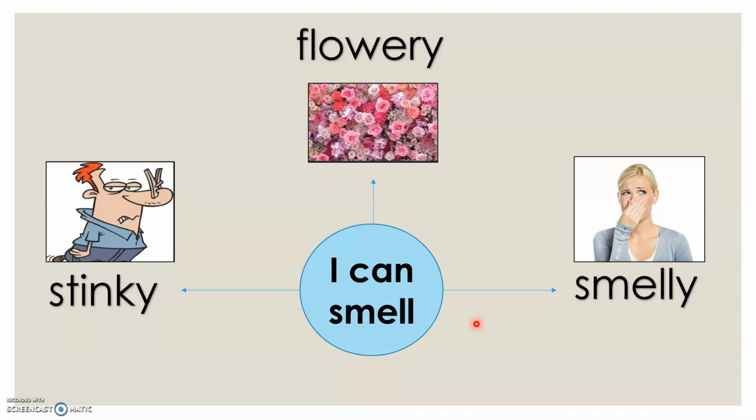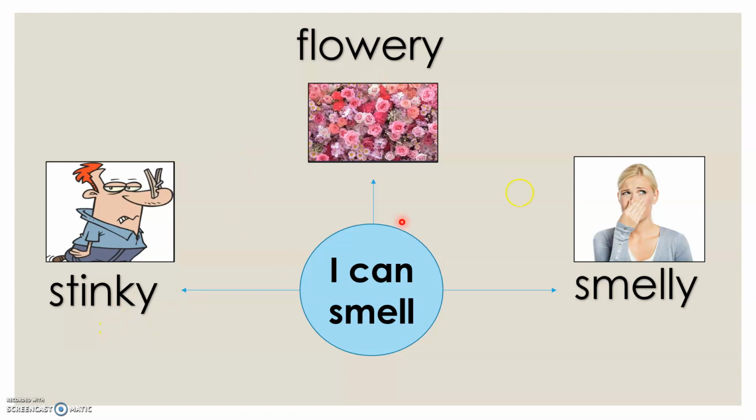Okay, so usually when we describe what we smell, we describe as flowery, smelly, stinky. These are some adjectives which are related to our smell sense, right? So I can smell. What are the adjectives that we can use to describe the smell?